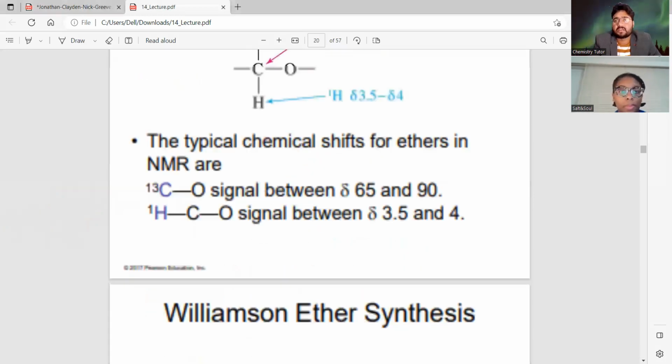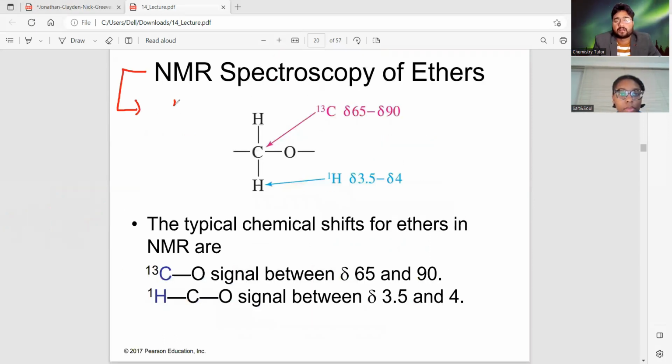Next one is NMR spectroscopy. NMR spectroscopy provides information about the carbon-hydrogen framework in a compound: how carbon is connected with hydrogen, how many hydrogens a carbon is connected with, and the environment of the carbon.